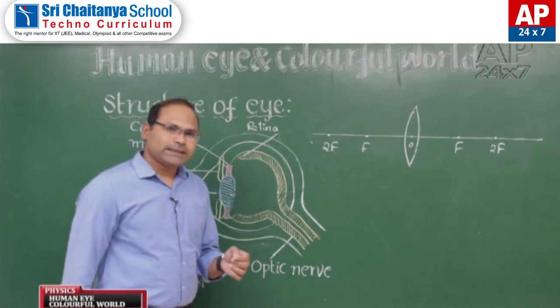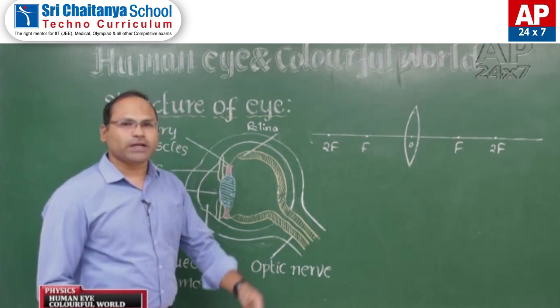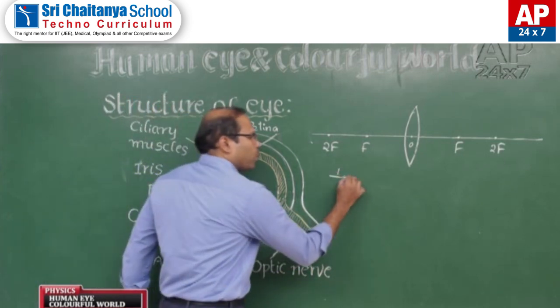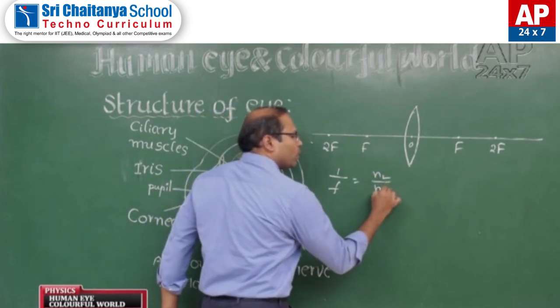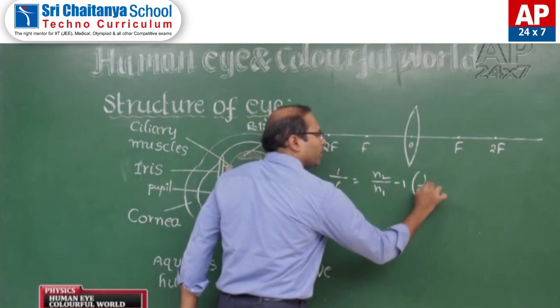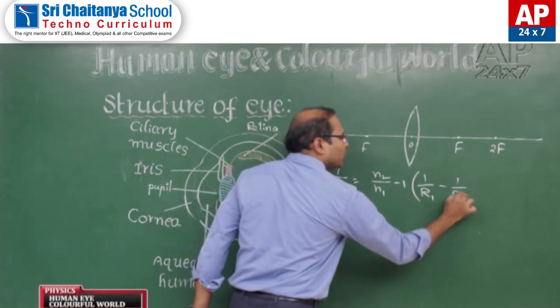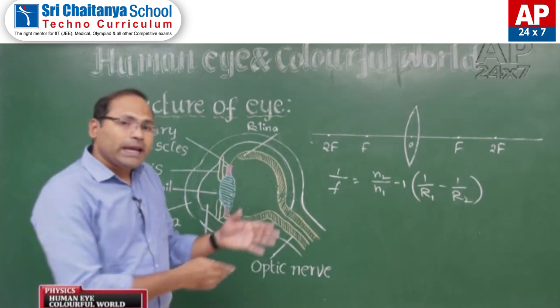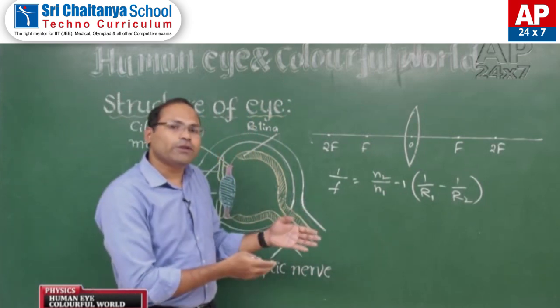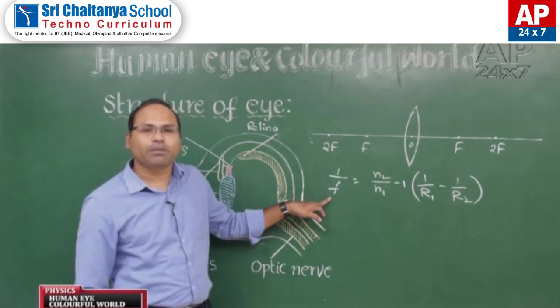To understand this, let us take the help of the lens maker's formula: 1 by f is equal to (n2 by n1 minus 1) into (1 by R1 minus 1 by R2). This is what we call the lens maker's formula. It helps us in understanding the factors on which the focal length depends.